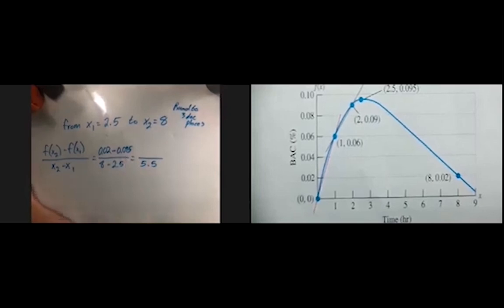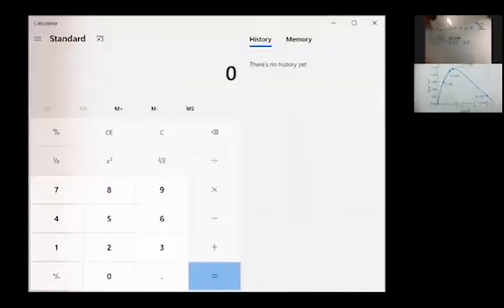I don't want to do this by hand. You don't have to either. Calculator. 0.02 minus 0.095 equals negative 0.075.